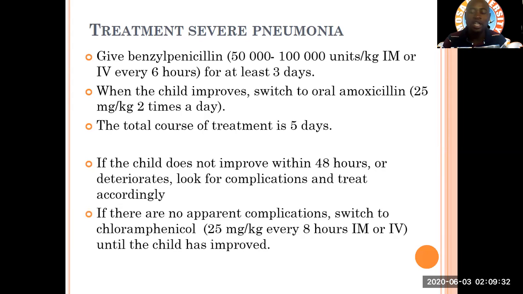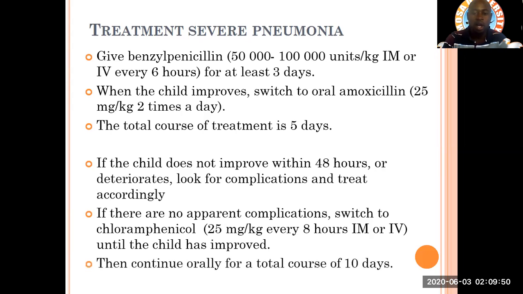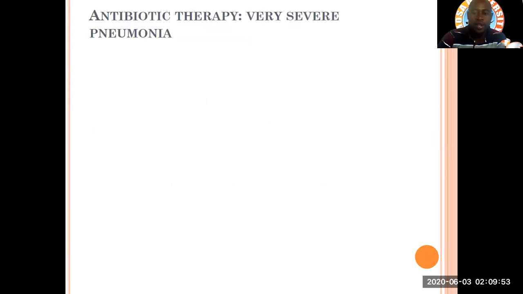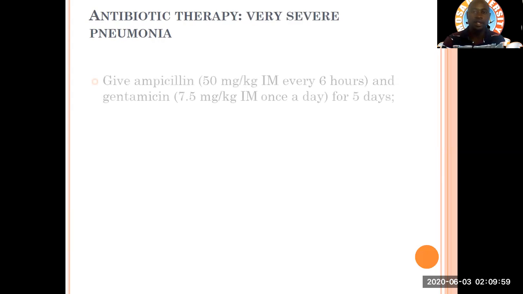But if you've made a good assessment and there are no apparent complications, this is the time you make a decision to switch to chloramphenicol. Chloramphenicol you give 25 milligrams per kg every 8 hours, IM or IV, until you've noticed that the child has improved. And then you continue with it until 10 days.